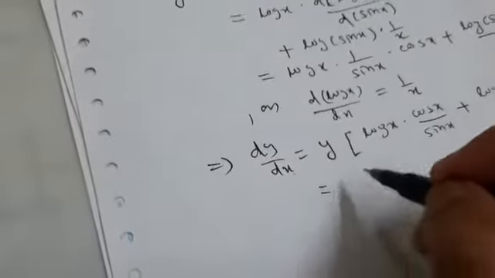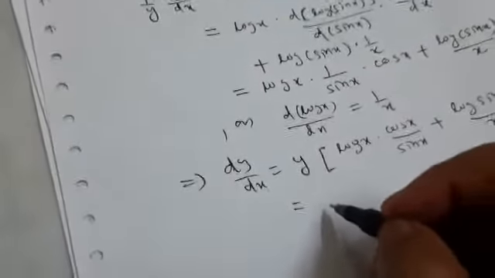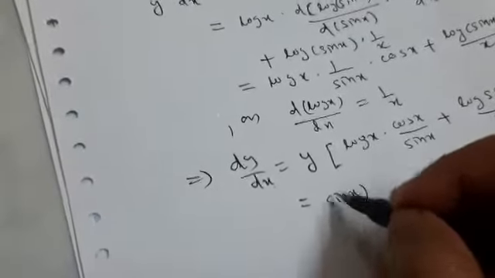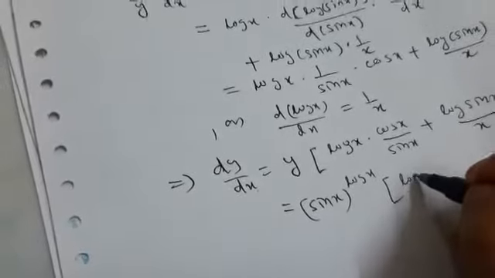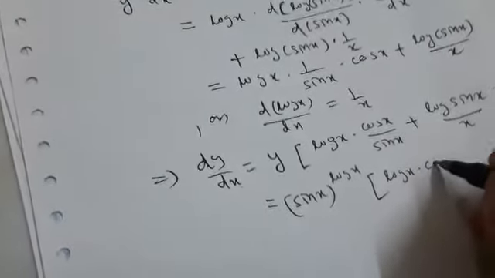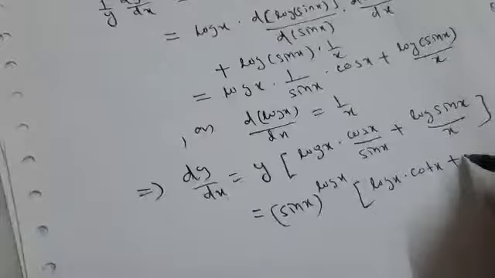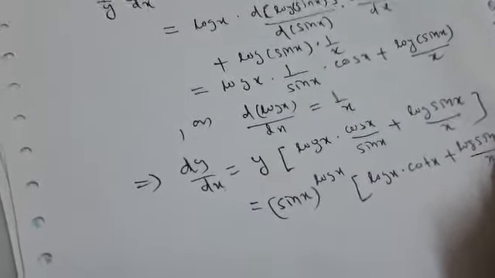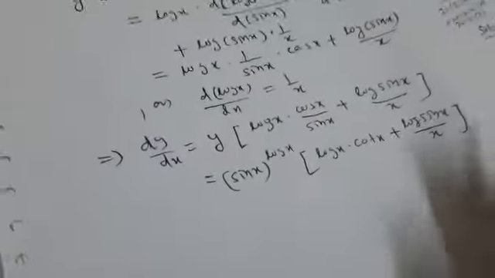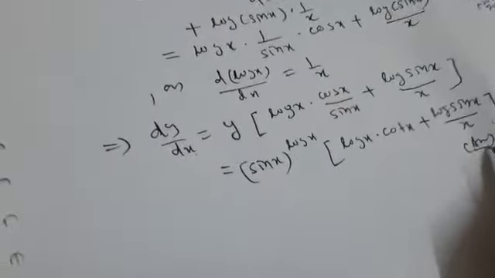Now this is equal to y, that is sin x to the power of log x, whole into log x into cot x plus log sin x by x, and this is the required answer.